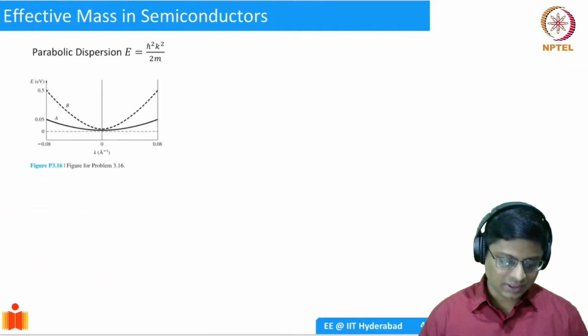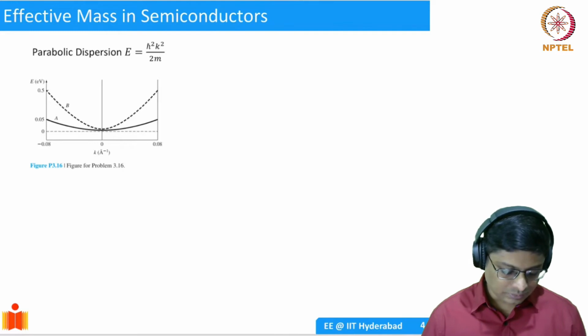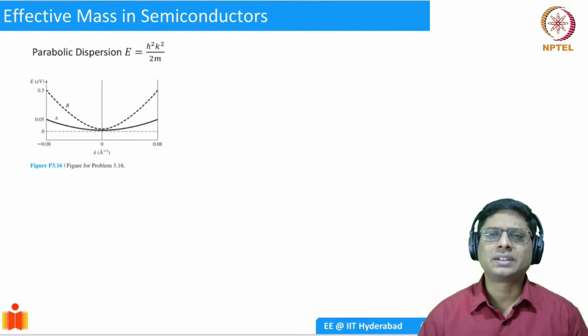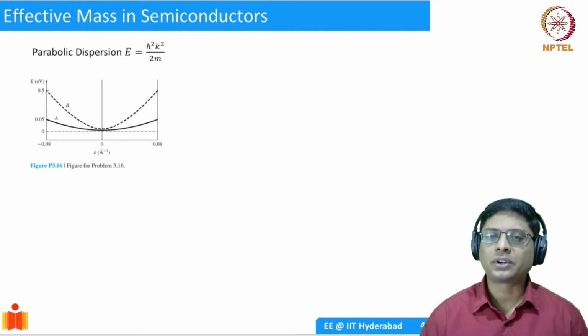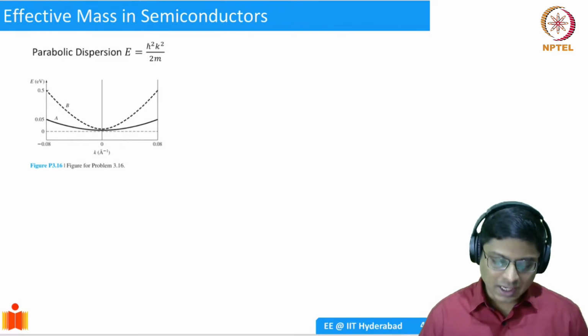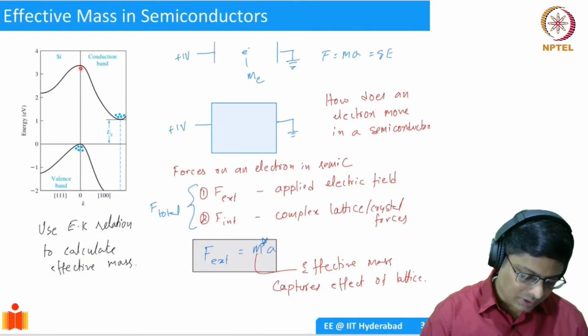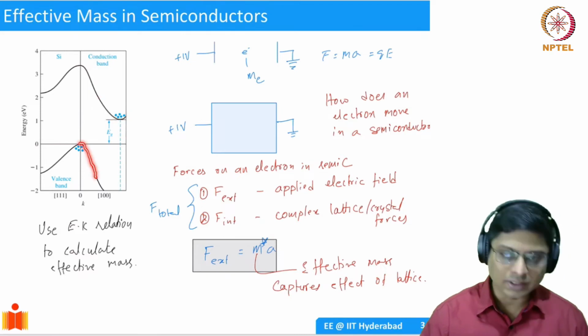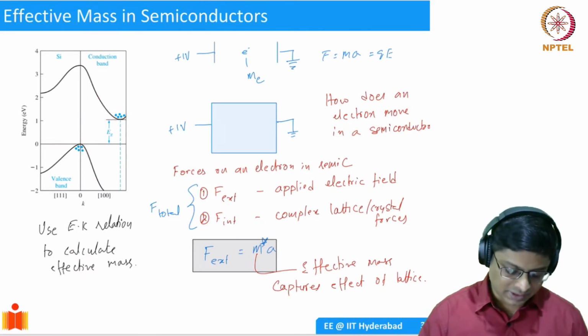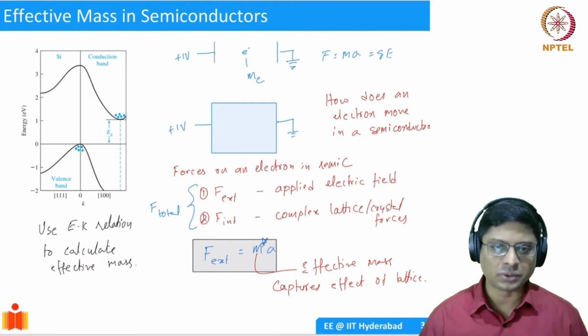So what you're seeing here is, we already mentioned that an electron in free space has a parabolic dispersion, and we also said that when you look at an EK relation, for example here, around the edges, the dispersion is still parabolic. Positive and negative K are essentially two different directions.